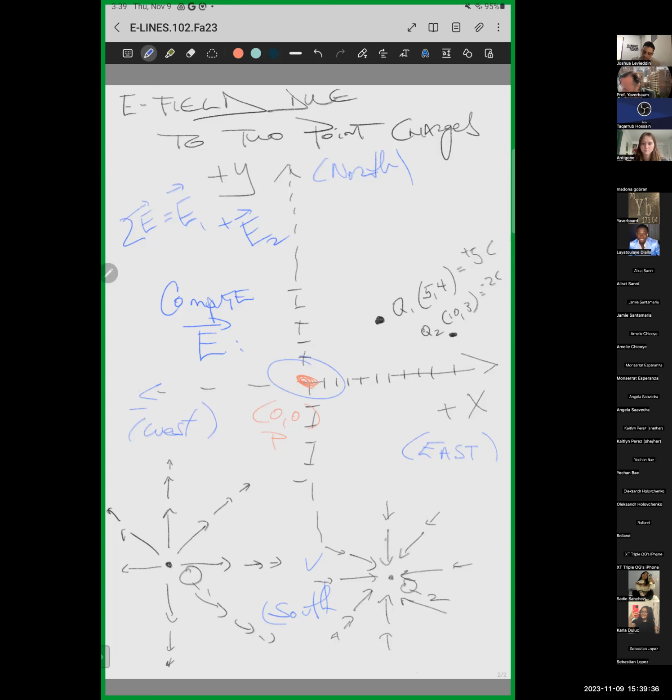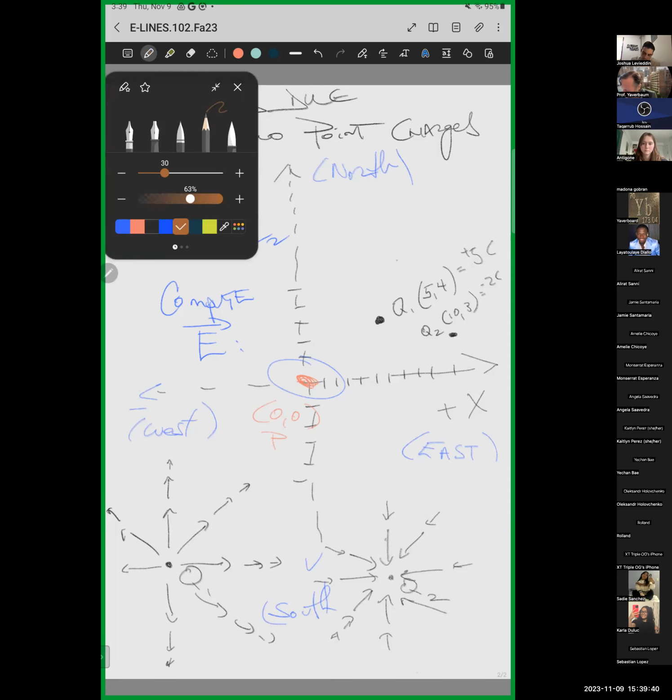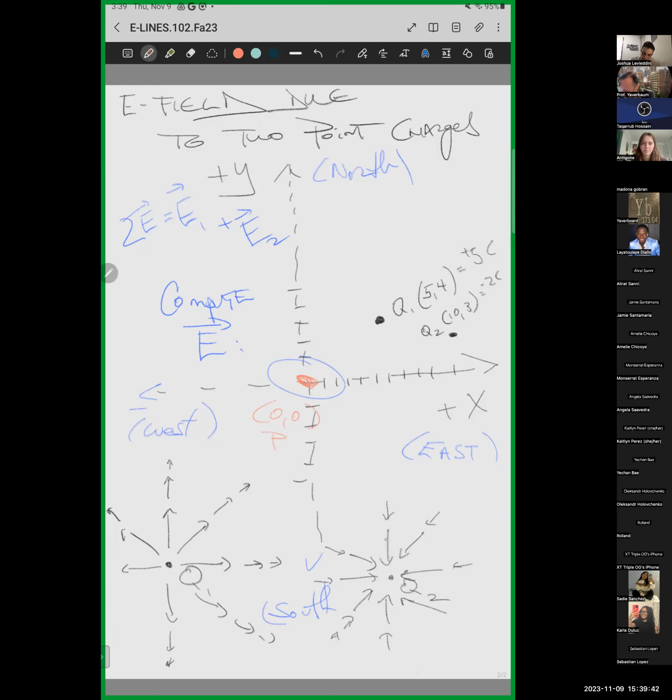So it's going to make a field vector contribution that looks something like that, right? That's the field vector contribution from Q1. I'm calling it E1. It's down, right? It's a push.